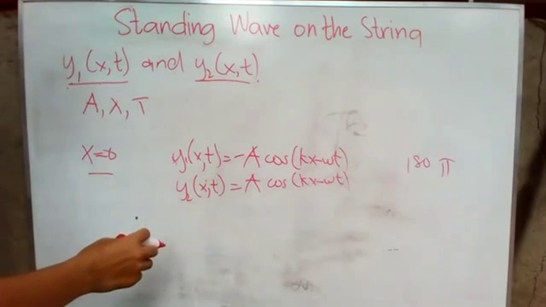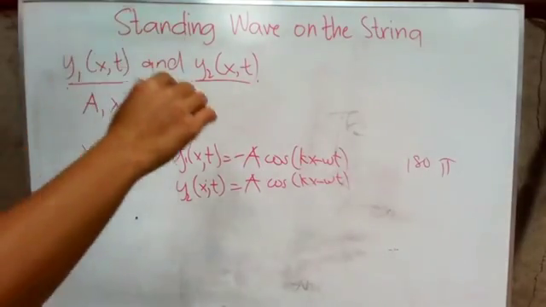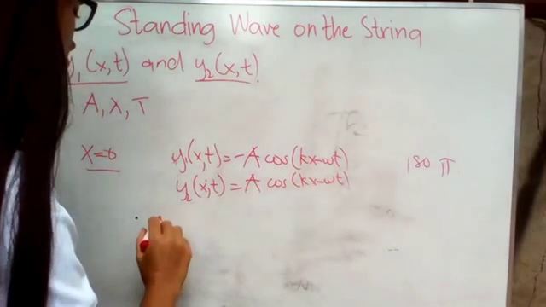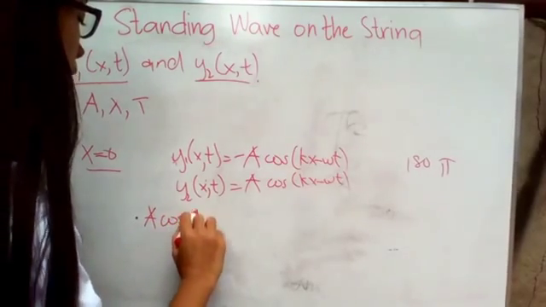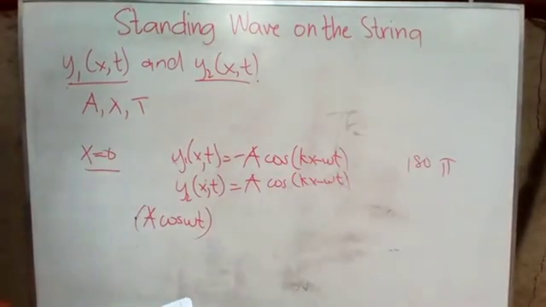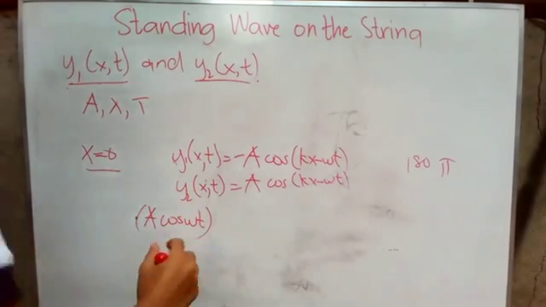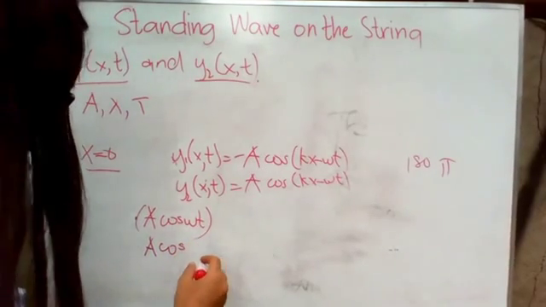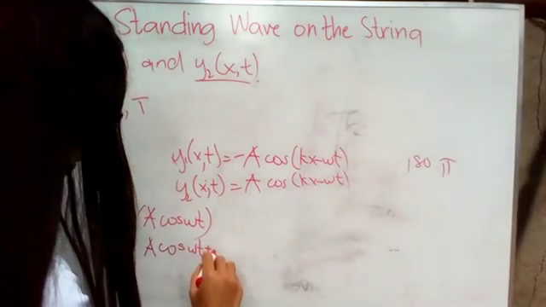At x equal to 0, the reflected wave becomes a cosine omega t, which we can rewrite as a cosine of omega t plus pi.